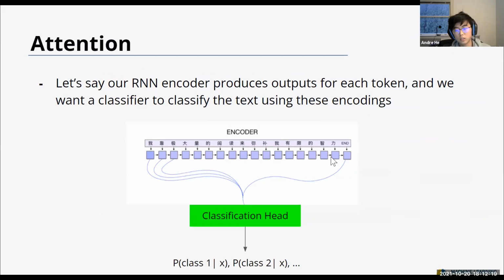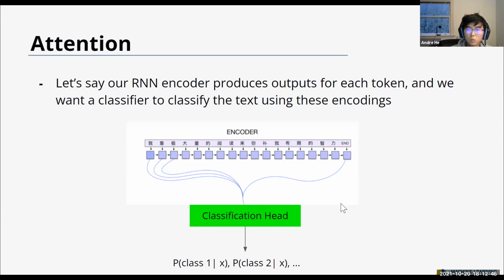topic, which is attention. So let's say our RNN encoder produces outputs for each token, and we want a classifier to classify the text using these encodings. So this is related to the question, because here we're assuming we want to look at all the output Hi. We're not just looking at the last one, but you have to have a way of combining these intermediate hidden states.